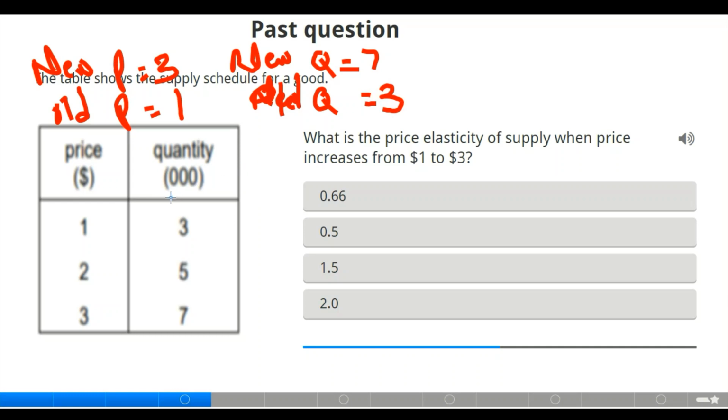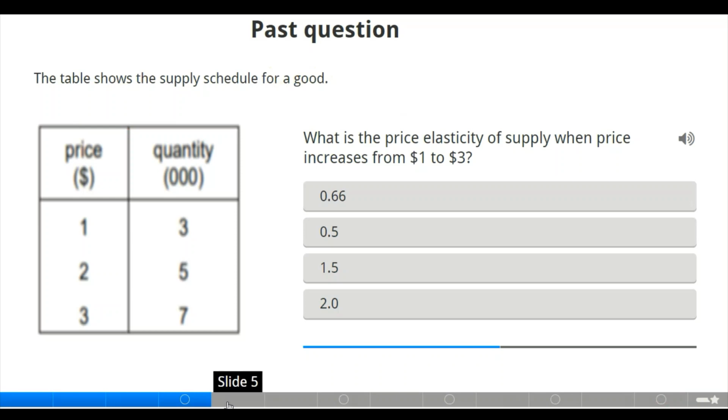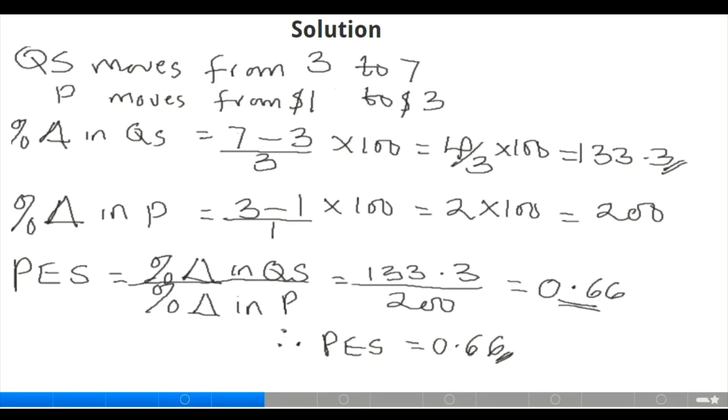Now let us go back to our calculation, after we have identified the new price, the old price, and the quantities. Our new quantity is 7, while our old quantity is 3.